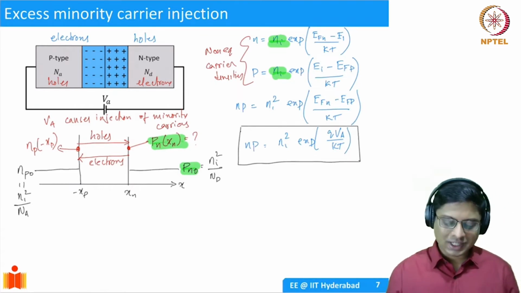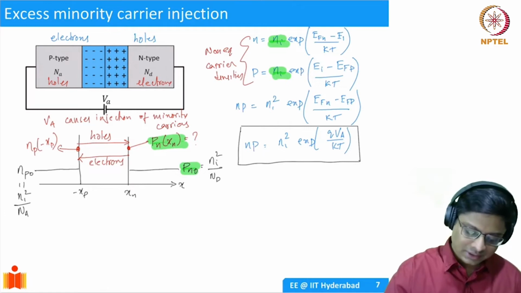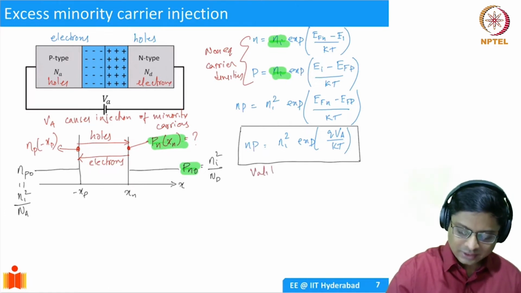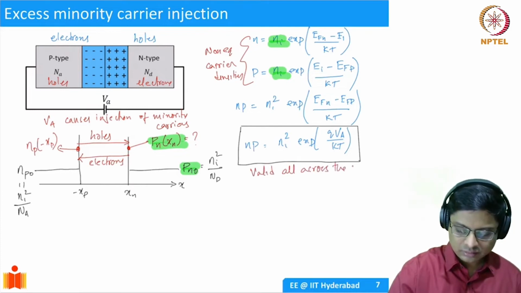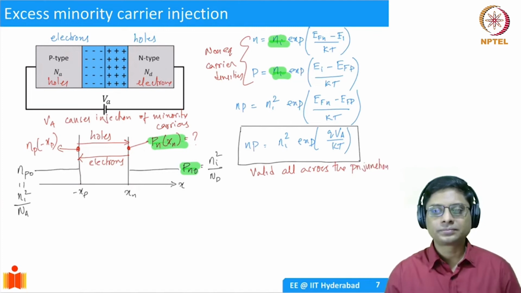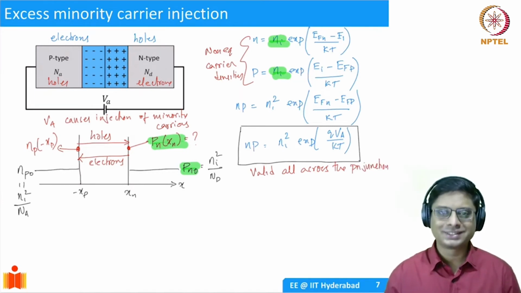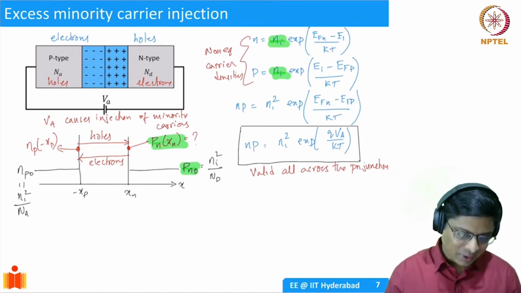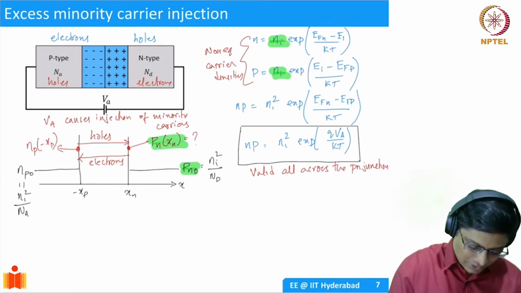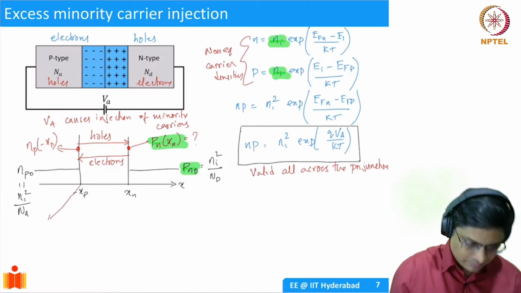This is valid all across the PN junction. So now we'll try to apply it, first at the point minus xp.